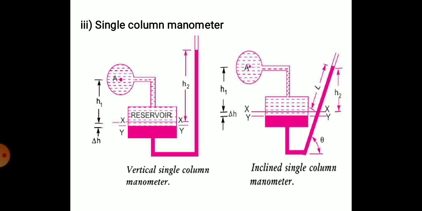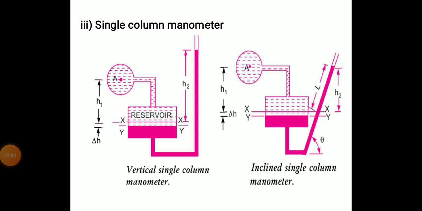The other limb may be vertical or inclined. If it is vertical, then the manometer is called vertical single column manometer, and if the limb is inclined, then the manometer is called inclined single column manometer.